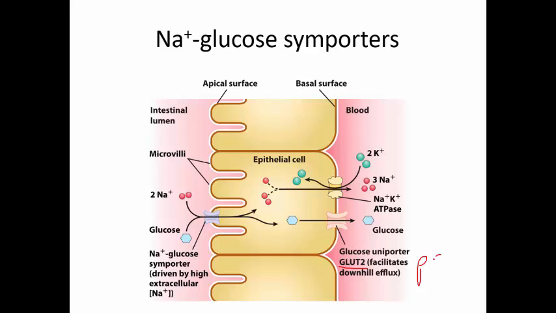So this is passive. And that's because we have a high concentration of glucose in here, higher than in the bloodstream. So this one is active, and that one's passive. And then this is showing you how the sodium is then getting moved back out of the cell, and this is just the sodium potassium ATPase.